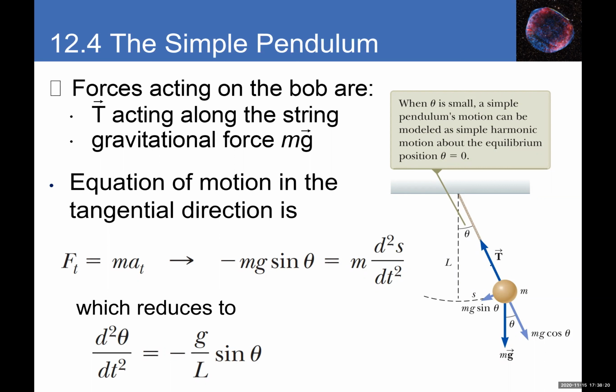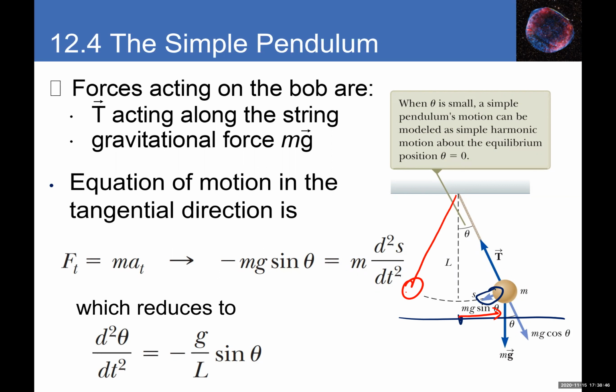Remember, we learned that centripetal force doesn't do any work. That means the one force responsible for it to go back and forth is the gravitational force. If you move this pendulum to the right, then the component of gravity will be to the left.